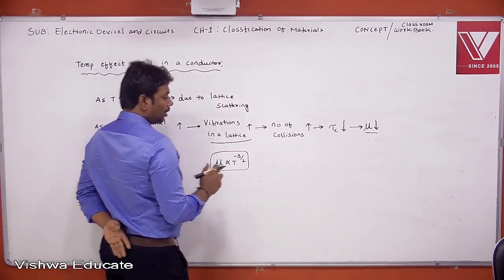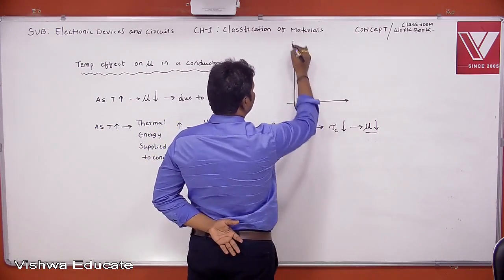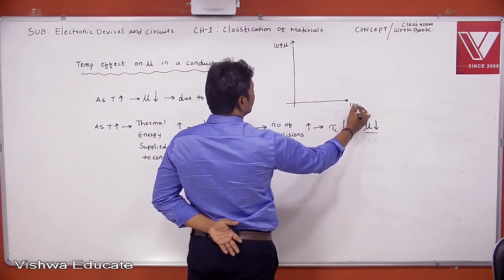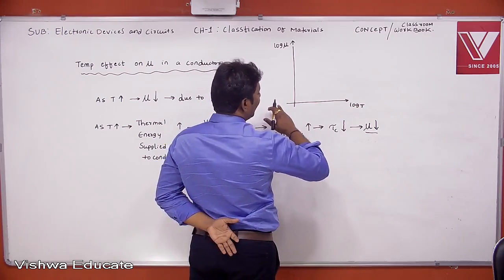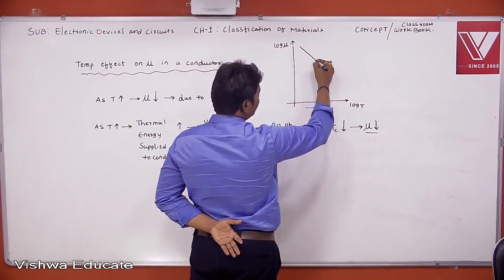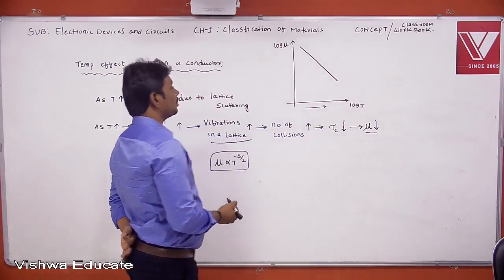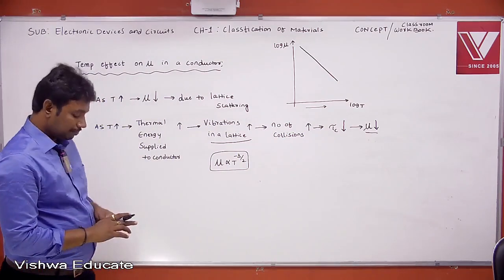Right? Now I am going to plot the mobility versus temperature graph, that is log mu versus log T. In case of a conductor, as the temperature is increased, the mobility is decreased. This is the mobility versus temperature graph in case of a conductor. Right?